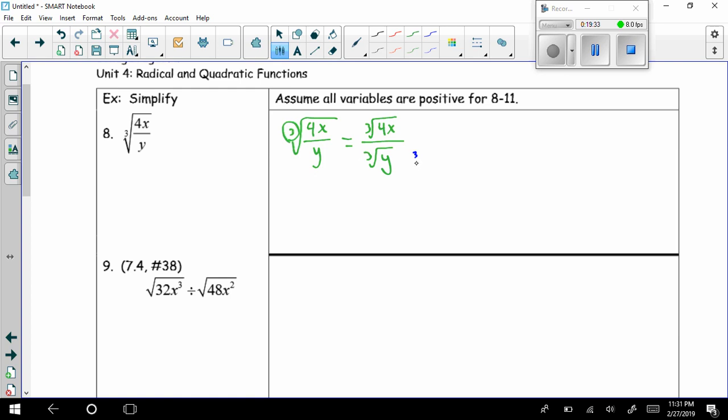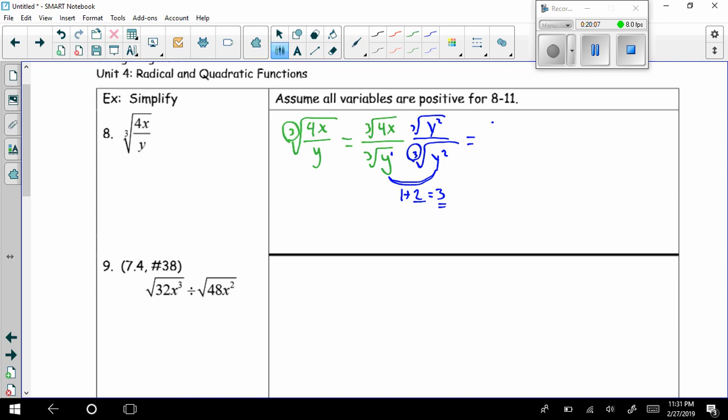We can't mix and match indexes. But we also need to make sure that when we multiply these two values, we get a number that will help us cancel out our index. So we have 1, we need 2. So I'm going to put y squared because 1 plus 2 is 3. 3 divided by 3 is 1. So that will help me get rid of my radical.